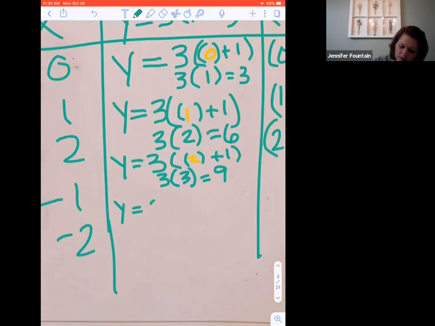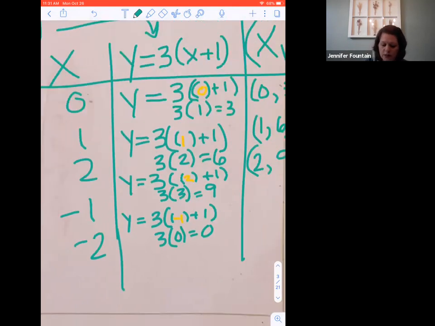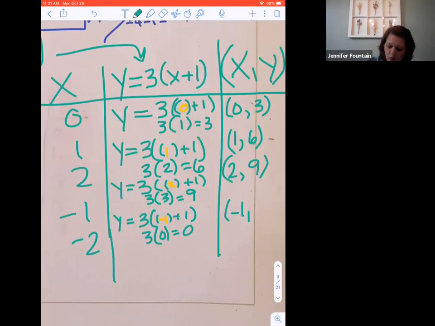y equals 3 times, parentheses for x, plus 1. Now I'm plugging in a -1, so I know I've got to be super careful here. So I've got 3 times (-1 plus 1), which is 0. So 3 times 0 is 0. So if x is -1, y is 0. And then finally, y equals 3, put my parentheses for x, plus 1.